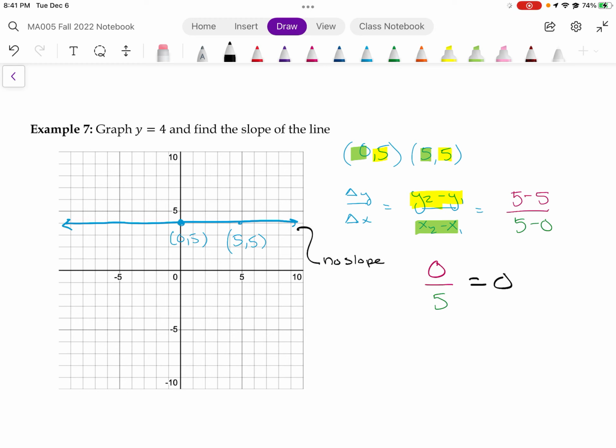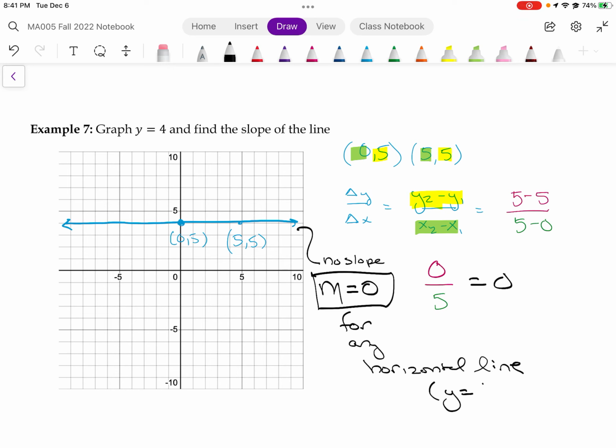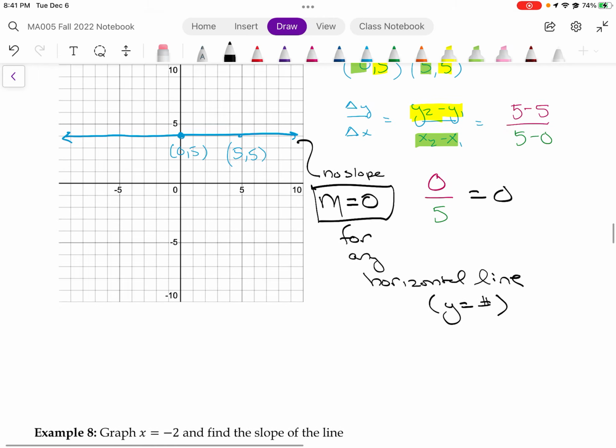But the way we say it in math is we say m equals 0 for any horizontal line. So if you know it's a horizontal line where y equals some number, then the slope is going to be 0. You don't have to find it. If you can just remember the horizontal lines have a slope of 0, that would be the best.